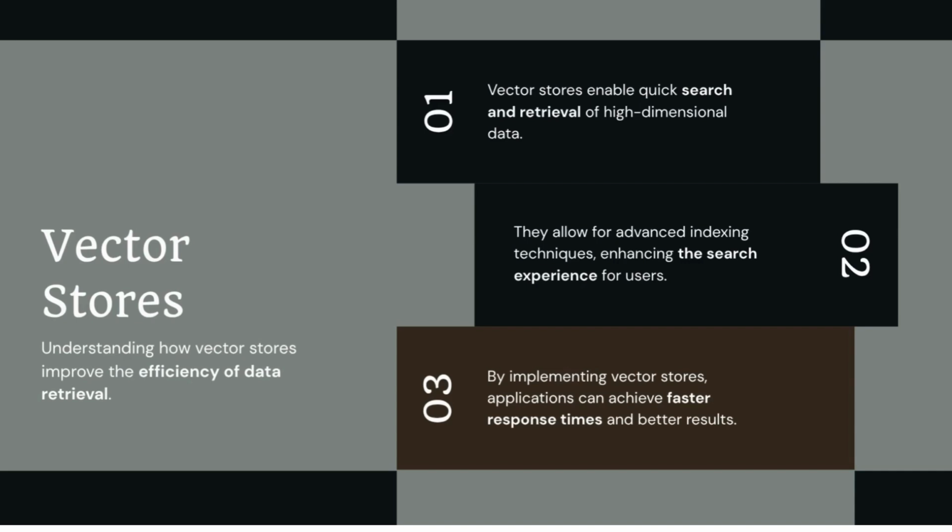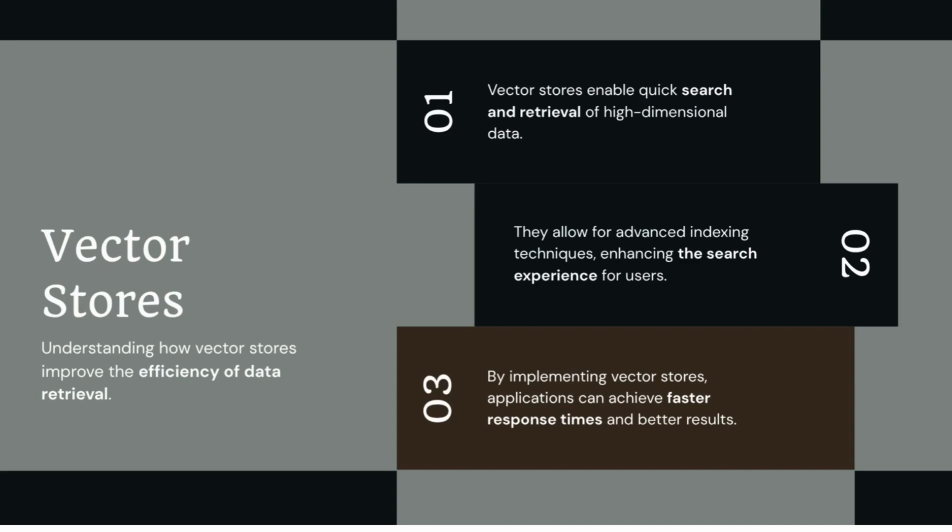But in the AI engineering space, in the RAG space, we use vector stores. In simple terms, they're just where these vector embeddings are, and they enable quick search and retrieval of high dimensional data.